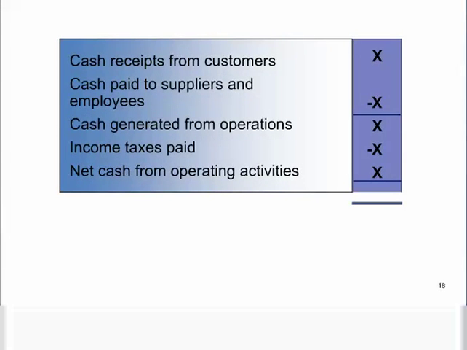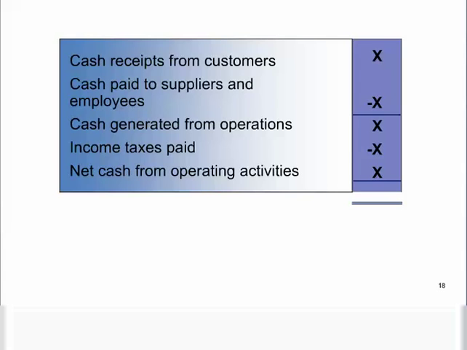So friends, let's see one basic example of how cash flows from operating activities are presented under the direct method. Examples could be, as we discussed, cash receipts from customers. This is presented as a cash inflow and a positive item. Cash paid to suppliers and employees is a cash outflow that comes as a negative item.